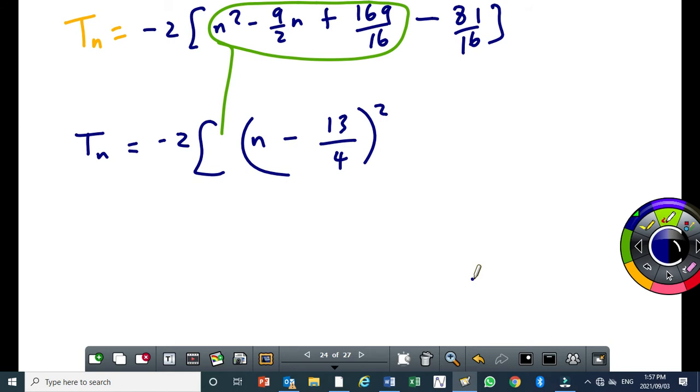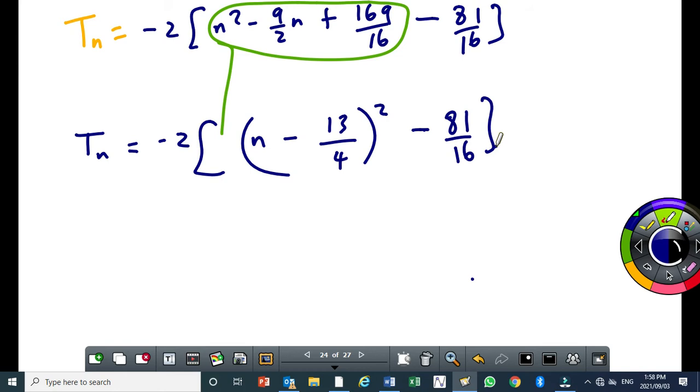So from here, I factorized this trinomial, right? This will be minus 81 over 16. Then we now need to remove the square bracket by multiplying this by negative 2 and this fraction by negative 2.